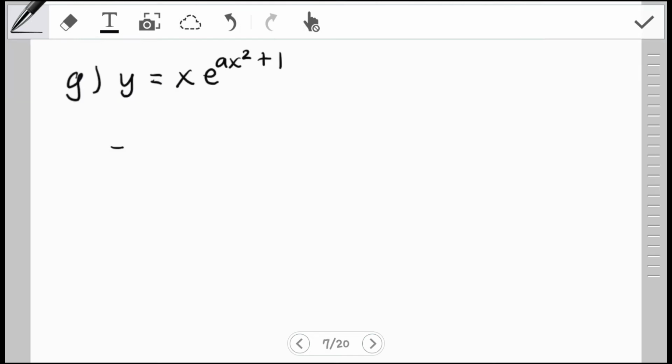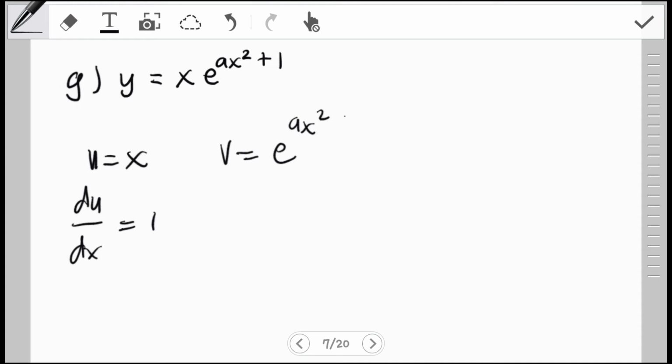Or what is the first derivative of y equals x e to the power a x squared plus 1? So let u equal x, and then du is 1, the derivative of x. And then let v equal e to the power a x squared plus 1.